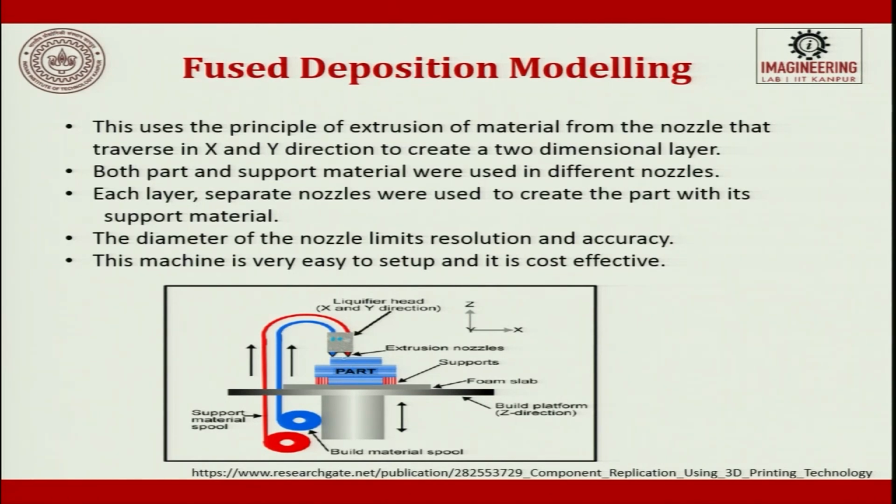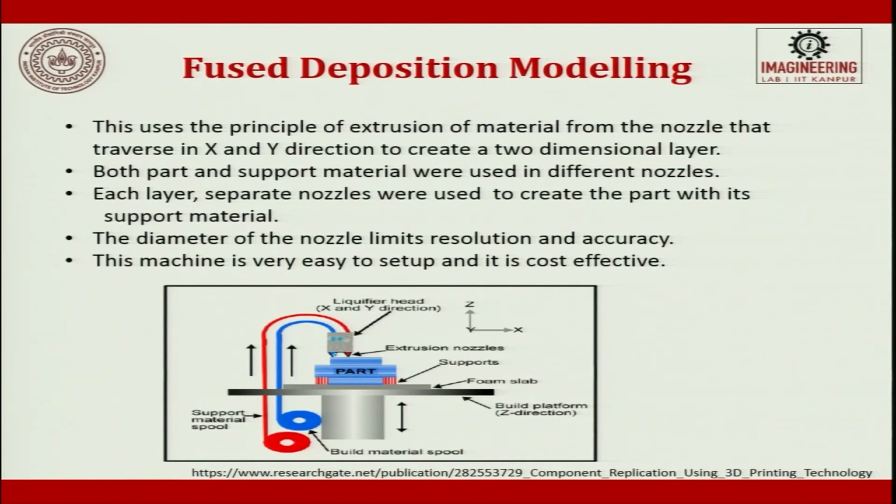This maintains the tension, and it is also trying to heat in that dispenser. The liquefier head is nothing but you apply heat here and allow the wire to pass through the heat, so that you convert it into a viscoelastic state, and in a viscoelastic state you do not have to spend a lot of energy to push the material.